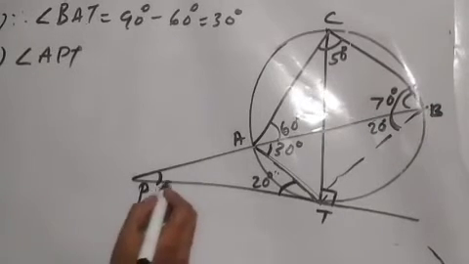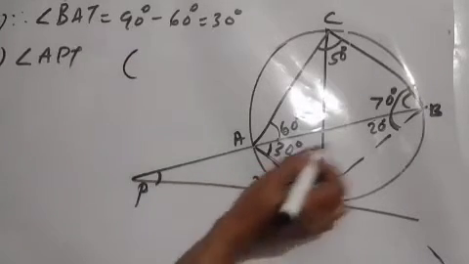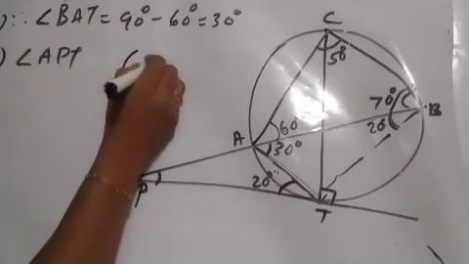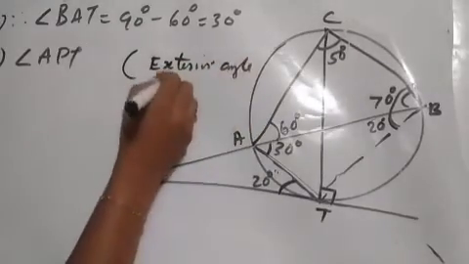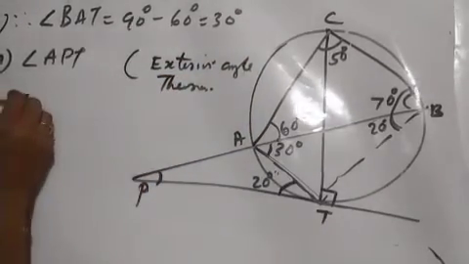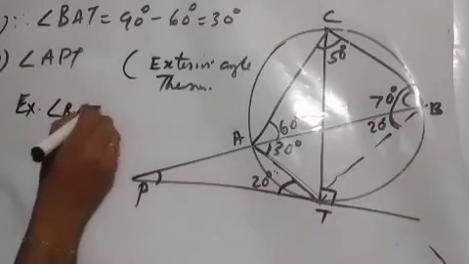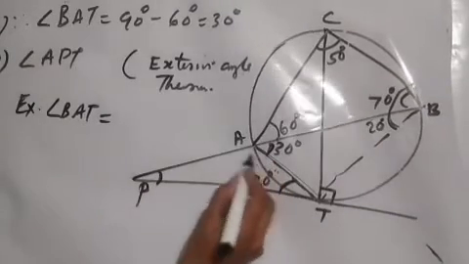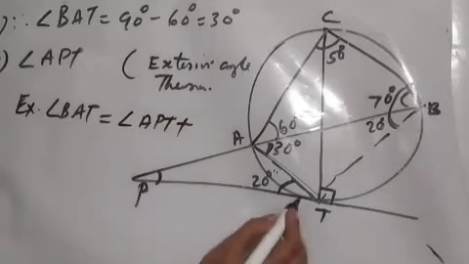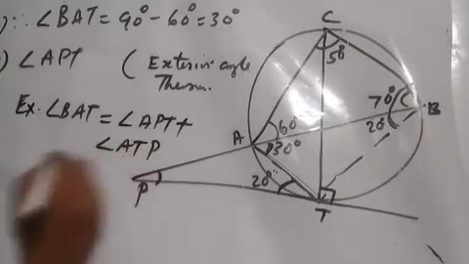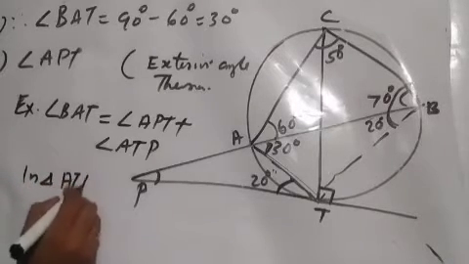It can be easily found out by triangle APT. Exterior angle is angle BAT. By using exterior angle theorem, exterior angle BAT is equal to, this is the triangle APT, angle APT plus angle ATP in triangle ATP.